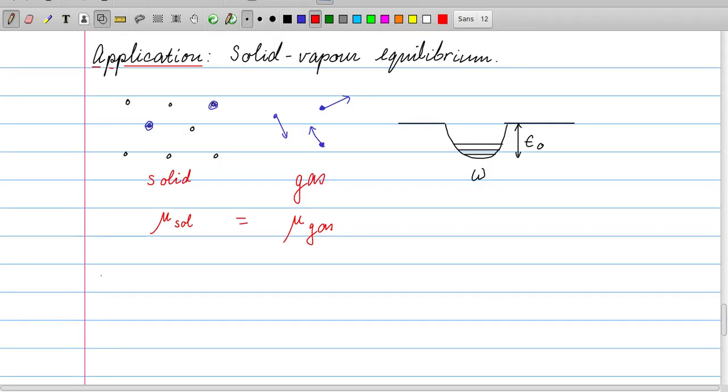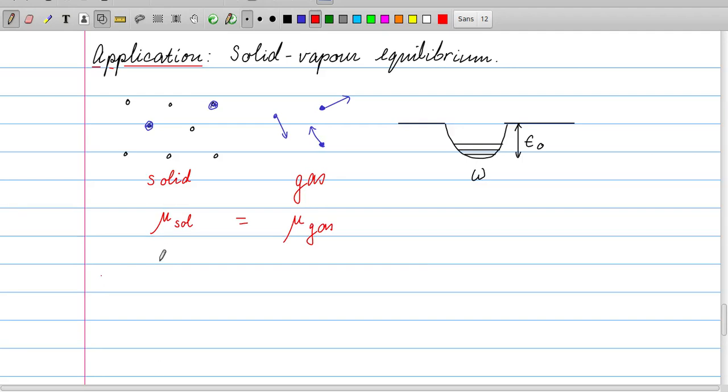The first step we make is to calculate the partition function of a single atom in a potential well. And for that single atom, we can assume that it has three directions in which it can vibrate. So it is described by a three-dimensional harmonic oscillator, with a harmonic oscillator in the x, the y and the z direction.